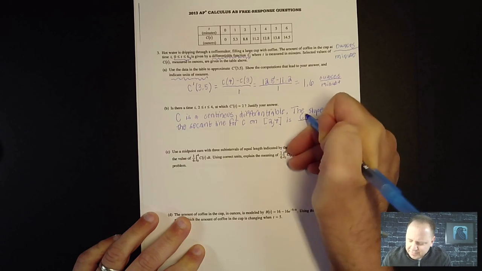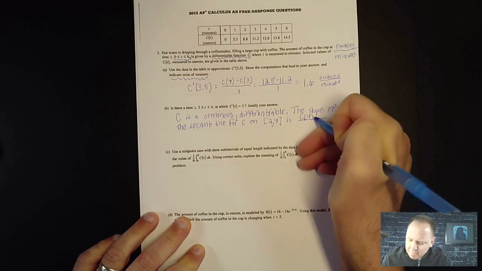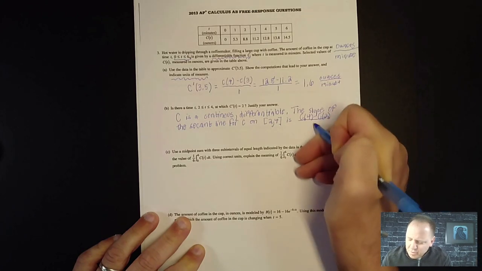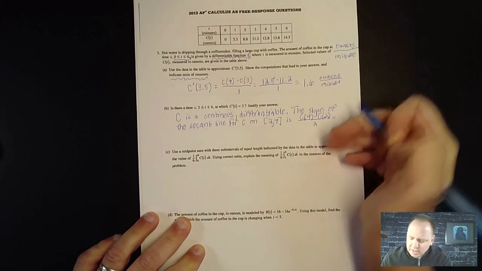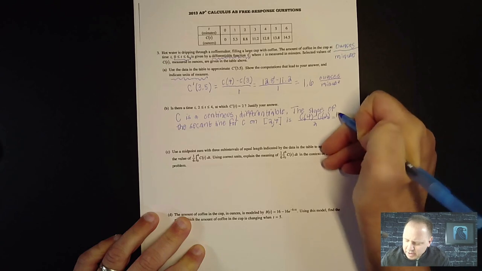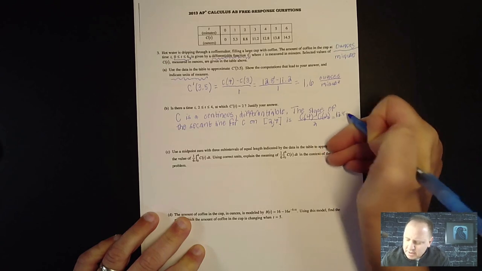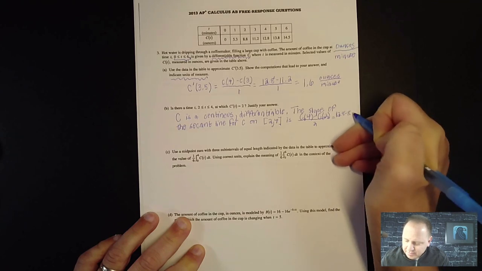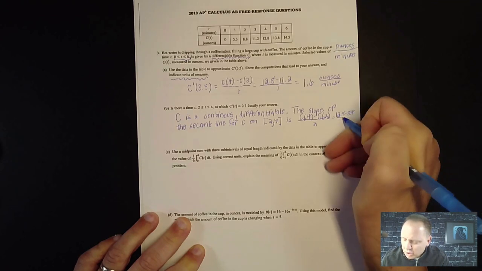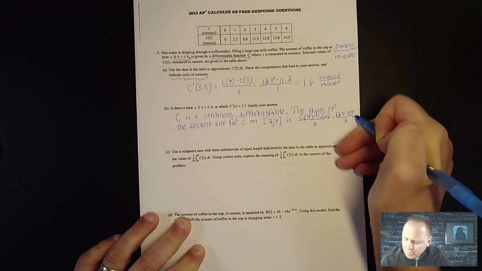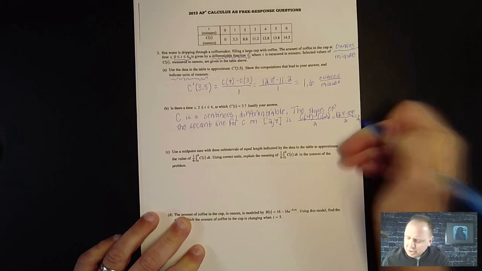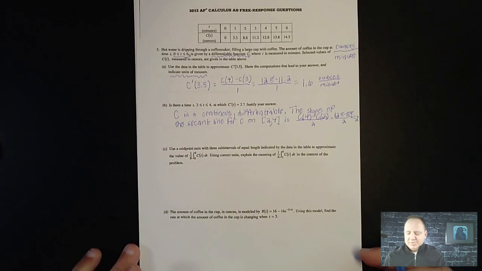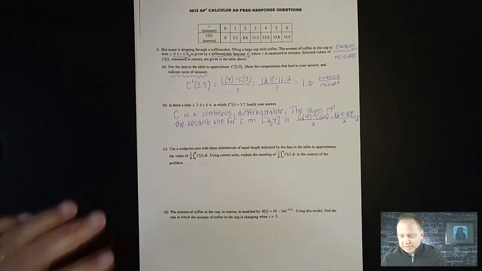This would be C of 4 minus C of 2, all over 4 minus 2, which is 2. C of 4 is 12.8. Now watch what happens here. Minus C of 2 is 8.8. So it kind of made itself nice and easy. All over 2. 4 over 2 is 2. But that should always line up on this mean value theorem. It should always line up.